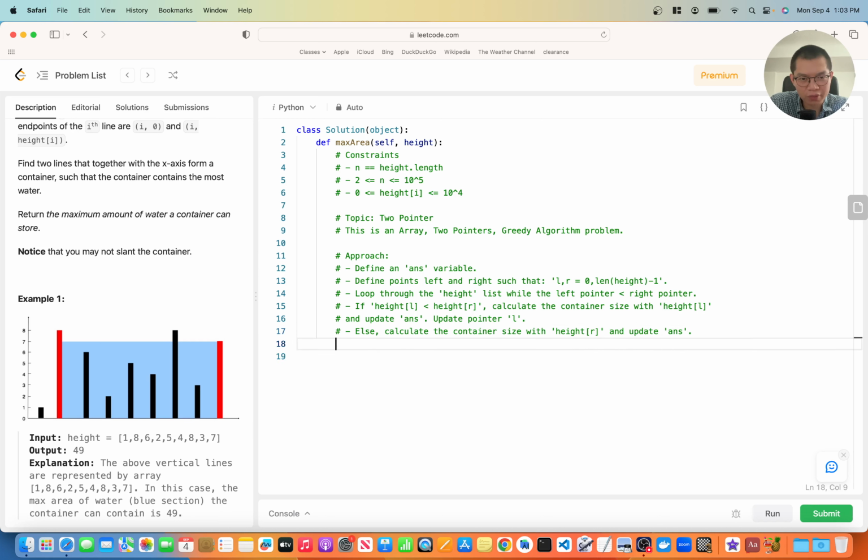And then after this, you have to update pointer R to be one less. This is for the right side where it's one less. I'm just making the documentation more clear. Update the pointer L to be one more. Okay, and we're gonna return the answer.